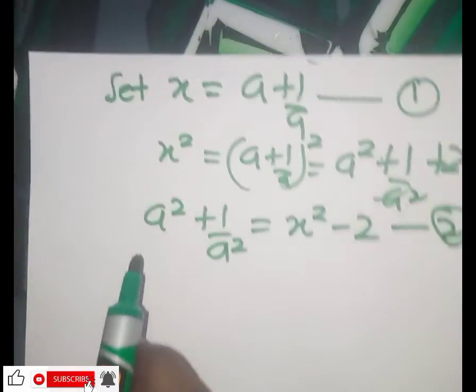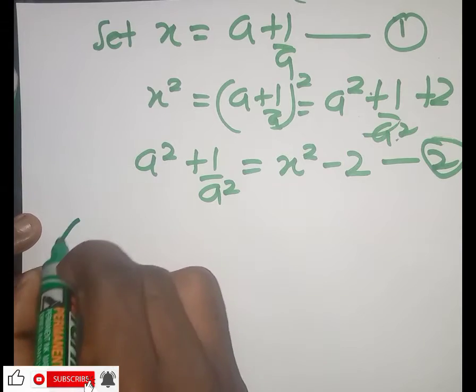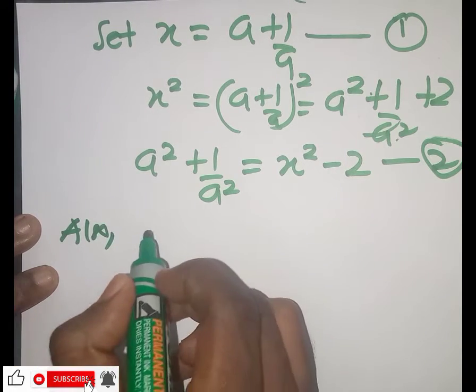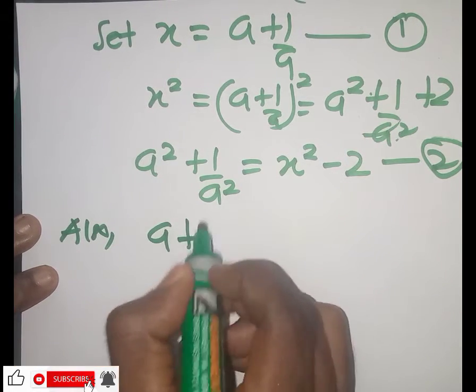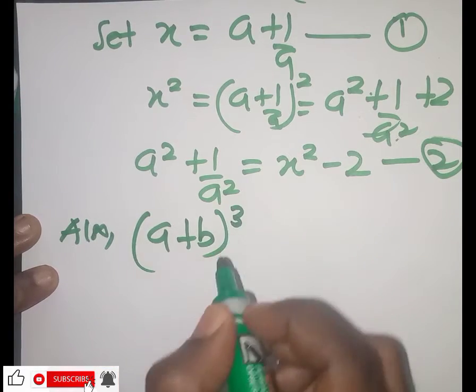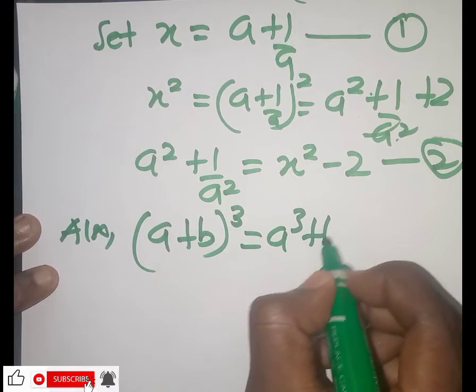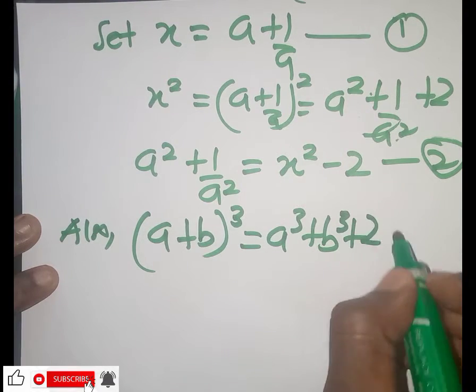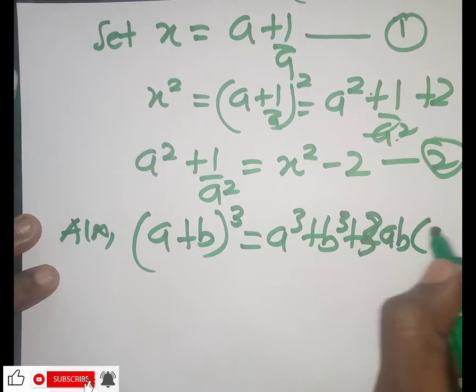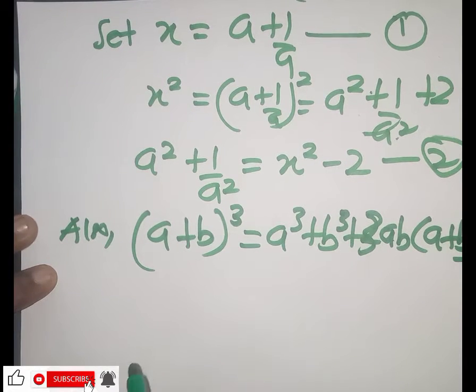That's nice. Now also with the cube, when we have a plus b all cubed, you realize that when we expand this, we have a cube plus b cube plus 3ab into bracket a plus b. Very nice identity.